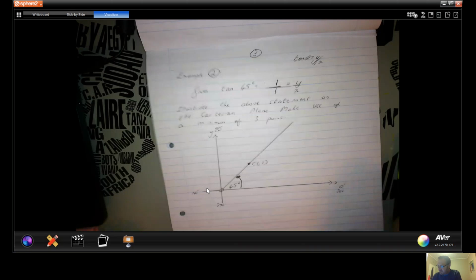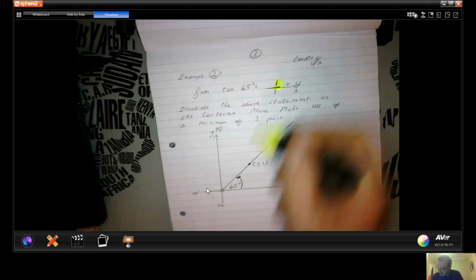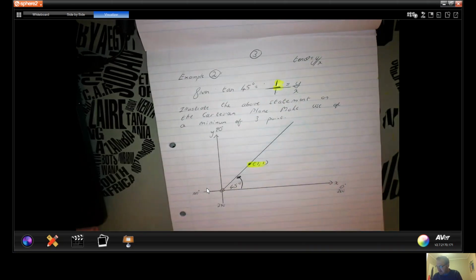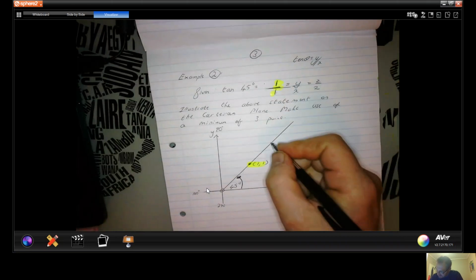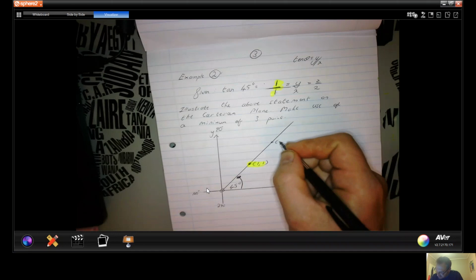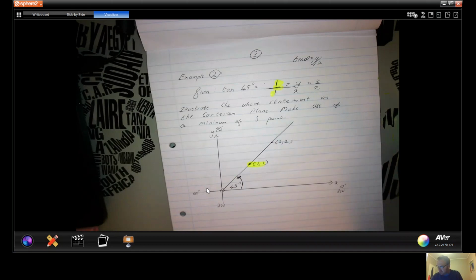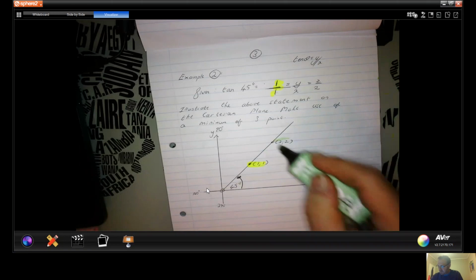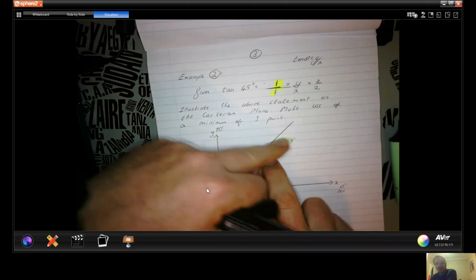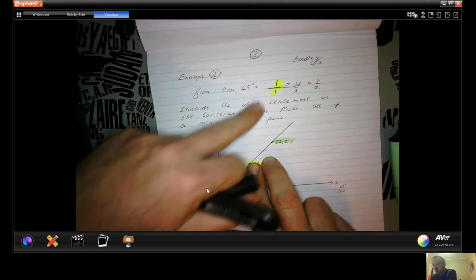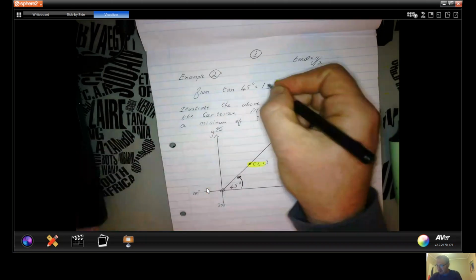Is that the only point? Well, okay, that illustrates that. However, I could have 2 over 2. If I gave you this point over here, 2 across, 2 up, it's also telling you that tan of 45, if I just gave you that, and I said to you, what's tan of 45, and I gave you that point, you'd say tan of 45 is 2 over 2, which simplifies to 1.